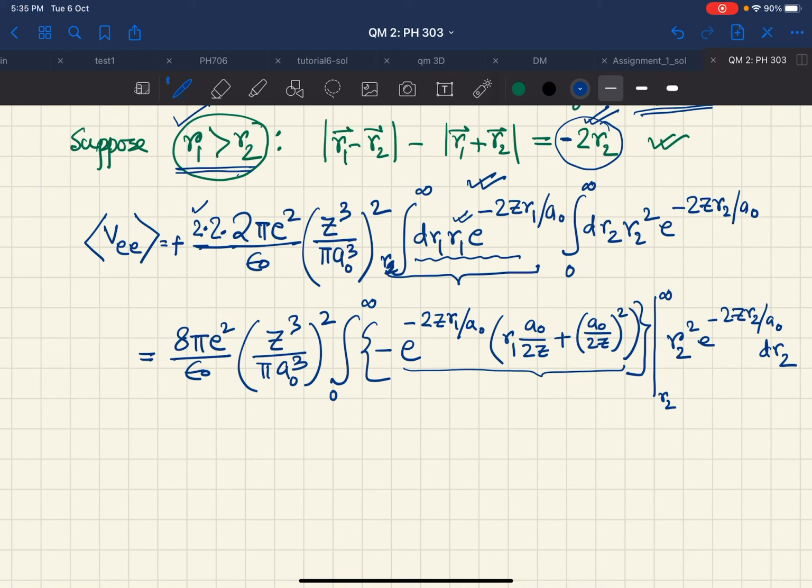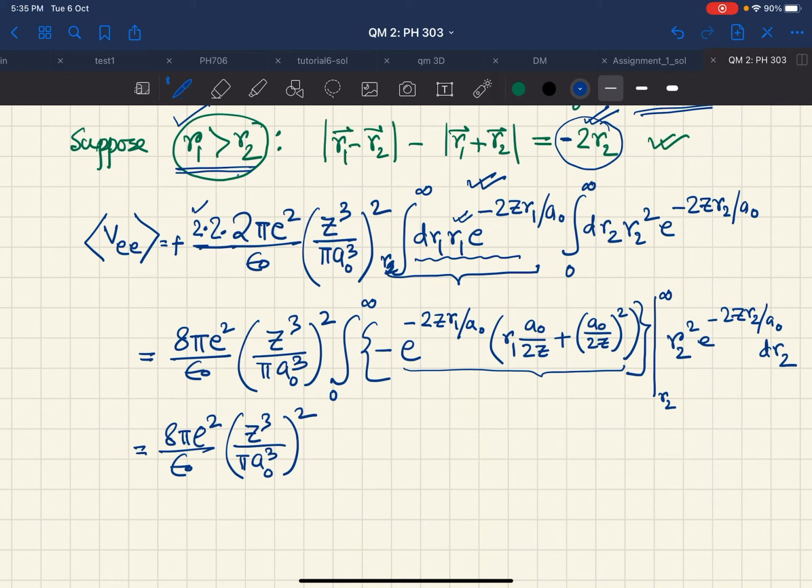Only the lower limit will exist. So the final thing will be 8 pi e squared by epsilon naught, (Z cube by pi a0 cube) whole square.